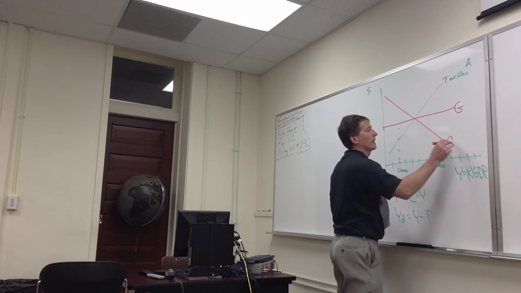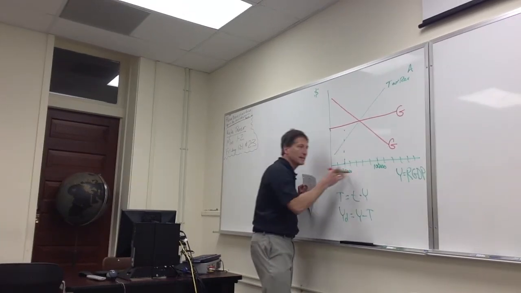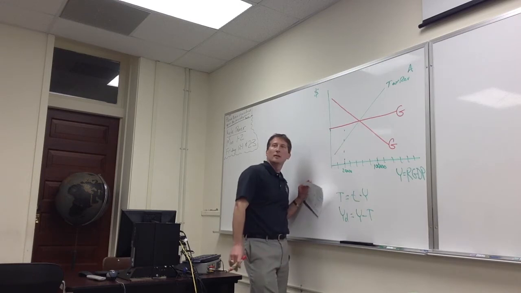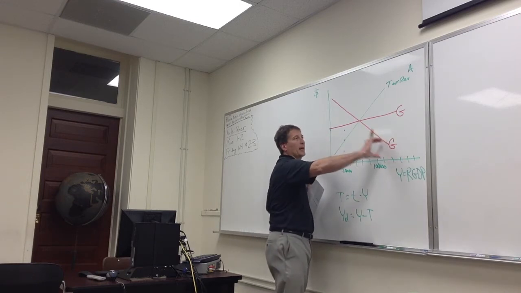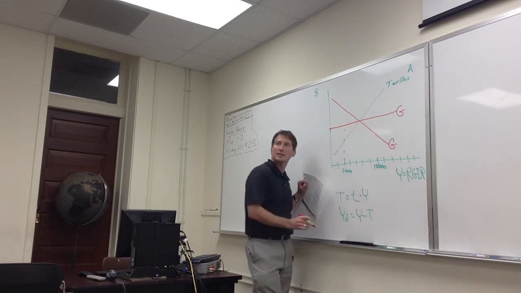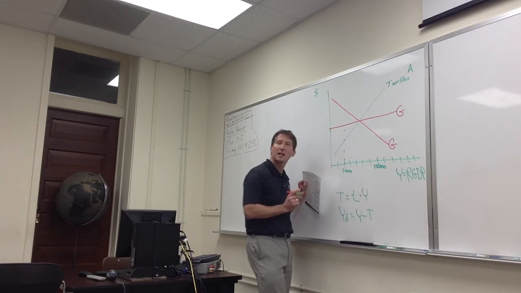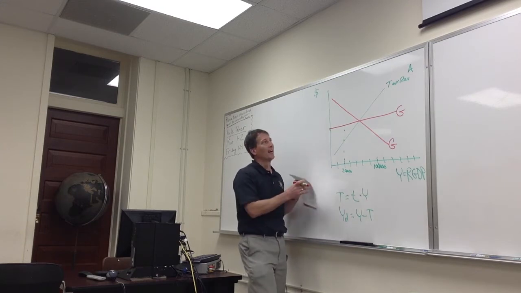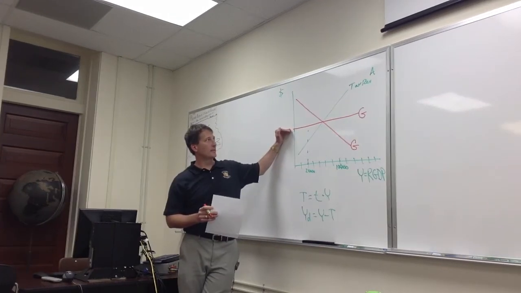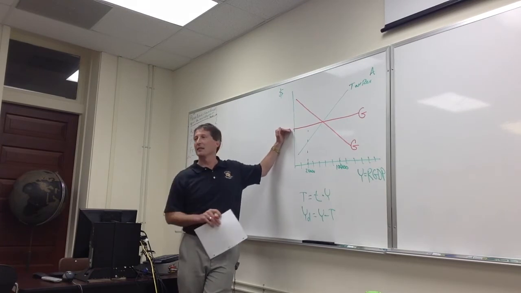So G, the government spending, as income gets higher and higher, is the government spending more or less as the economy prospers, or the same amount? Or is it spending more? That would be an upward sloping. I'll just give you a hint. It's not that. Okay?